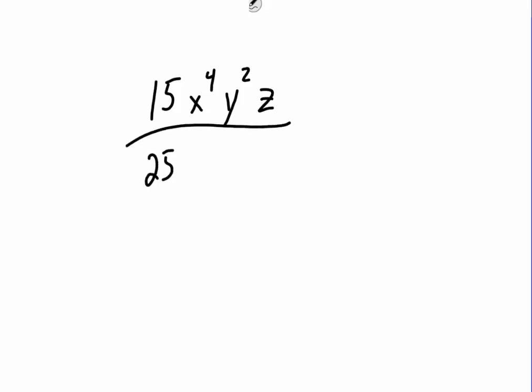So, now when we look at problems that are big, huge problems, we could look at this problem: 15 x to the fourth y squared z over 25x times (2xy to the 0) squared.